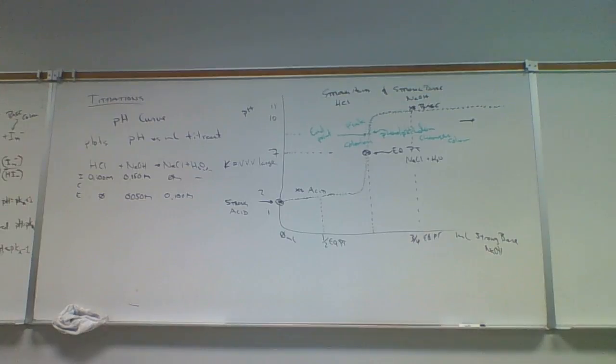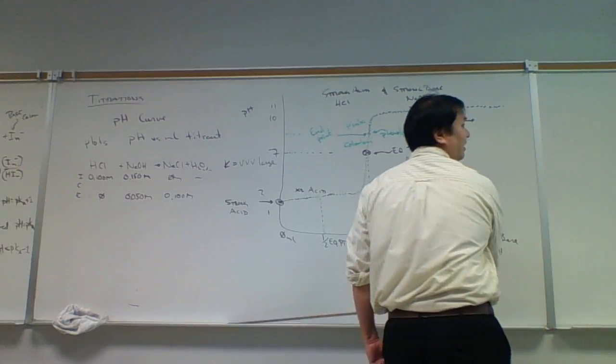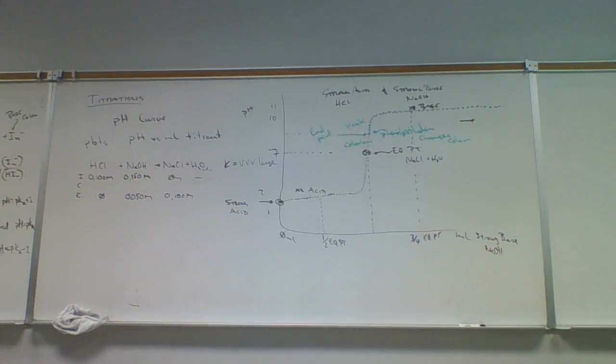So here you can see, this is weak organic acid colored. A lot of organic acids are colorless. We have the pKa. Let's take a look at phenolphthalein here. Okay, phenolphthalein is shown here.